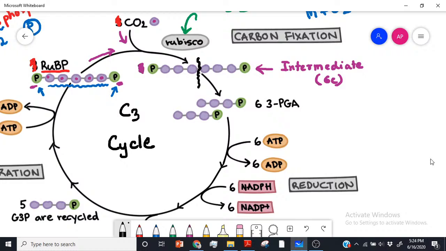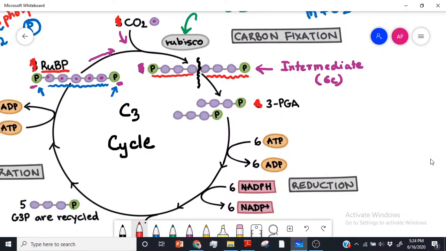If we break it down, we get two equal halves. One half is this, one half is this, right? Yes or no?